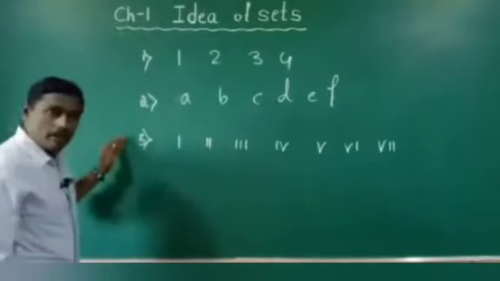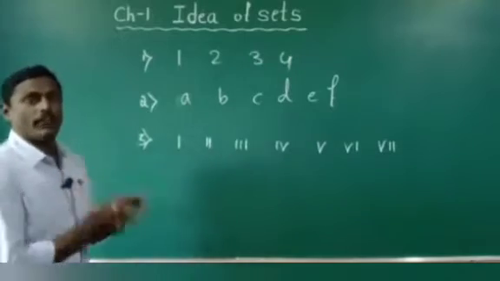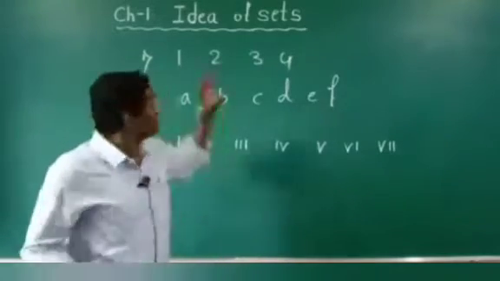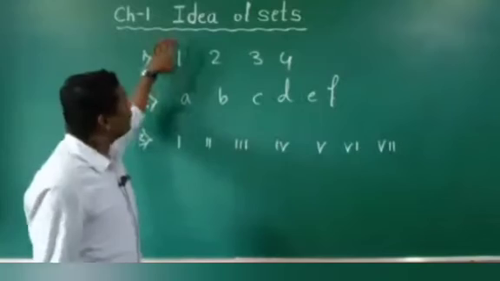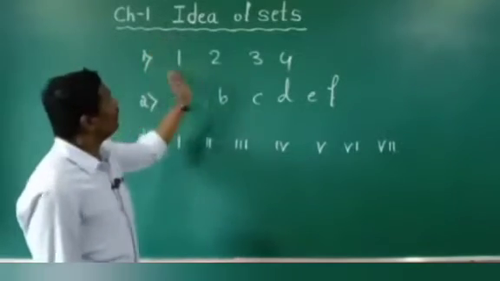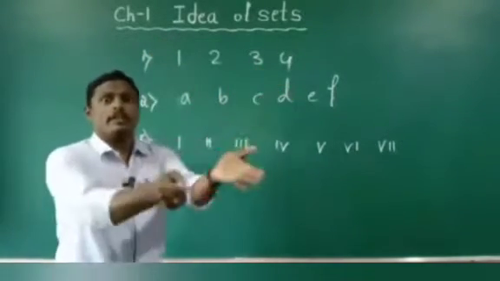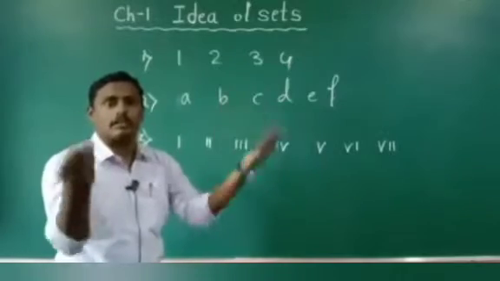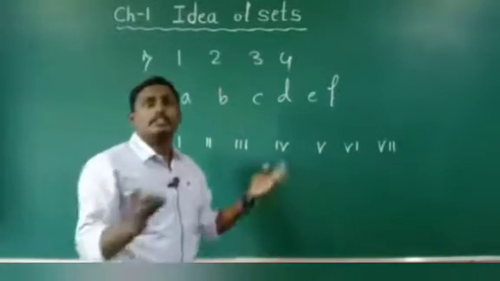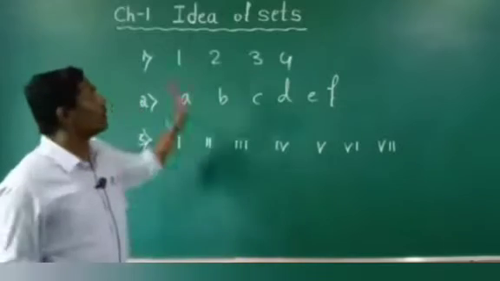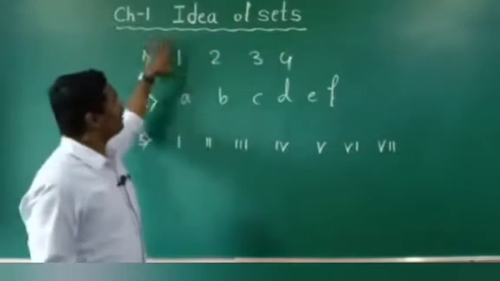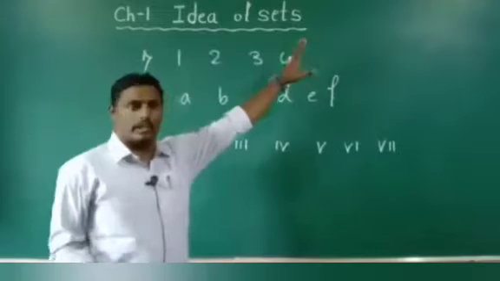These all three examples are well defined. Well defined means we are giving one particular statement for these examples. For example, this is a collection of numbers. Whether the numbers are natural numbers or whole numbers or integers, rational numbers, irrational numbers, whatever they may be, while we are observing, we give one particular name.